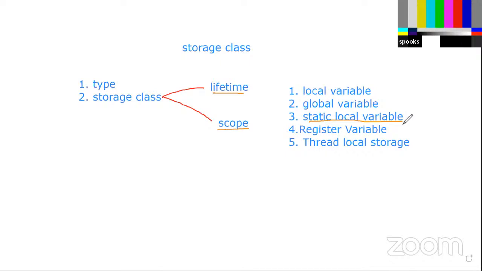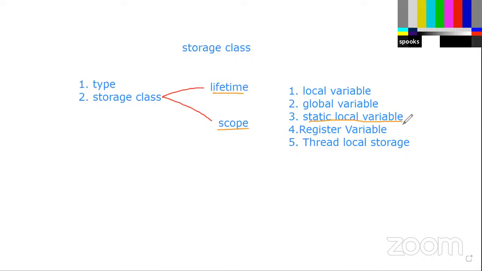I believe we are all together. Now, the difference between the local variable and the static local variable is its lifetime. We'll find it declared inside a particular function, but its lifetime starts only when the function is called, and it ends only when the program ends.